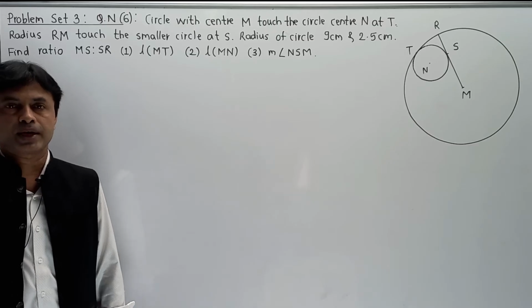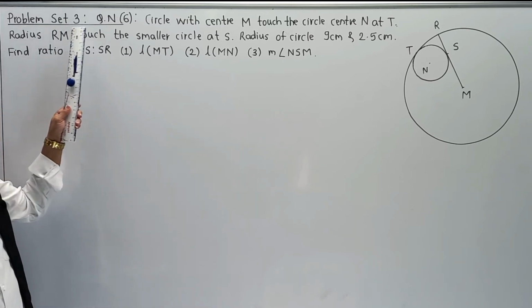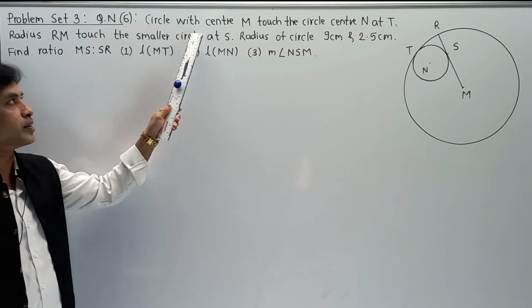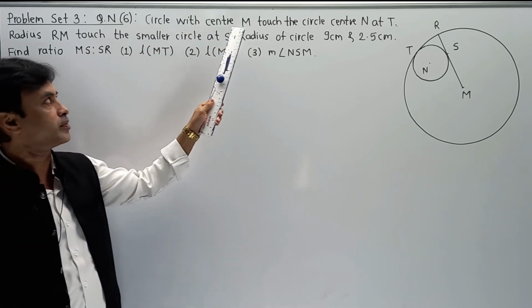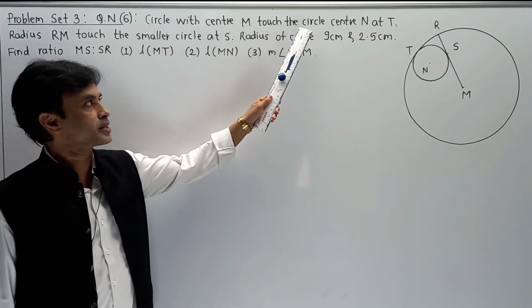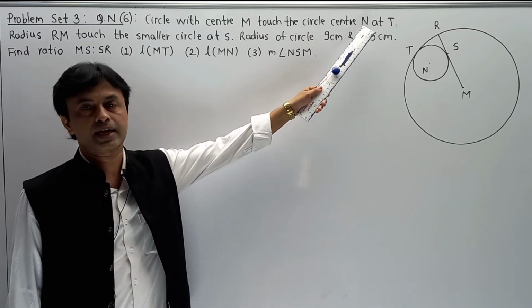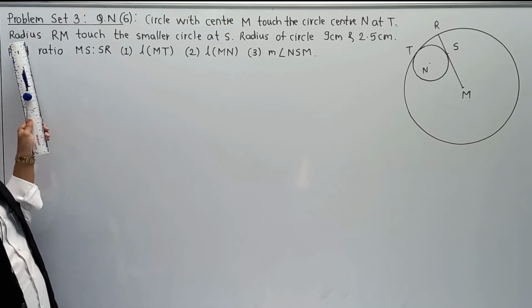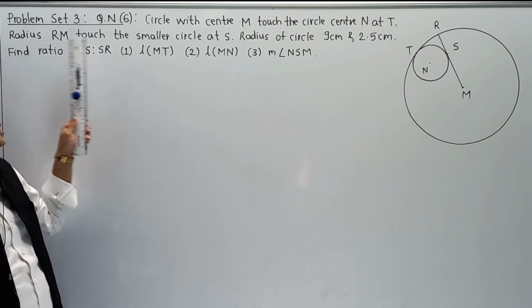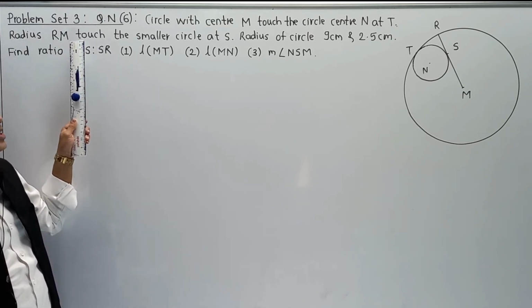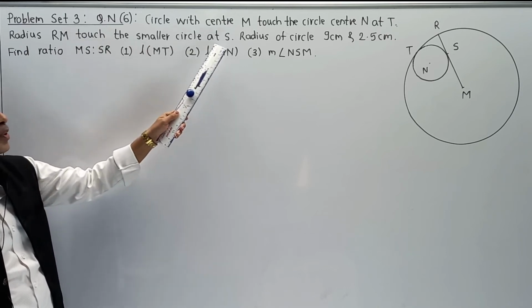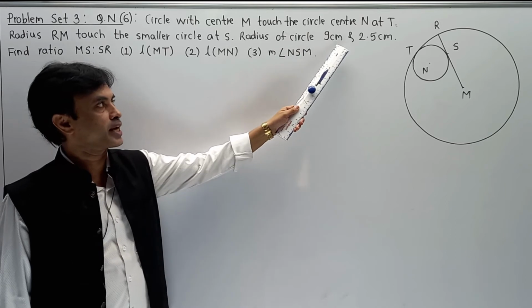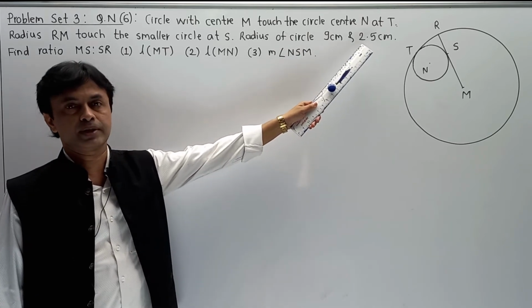Now moving to the next numerical, that is problem set 3, question number 6. A part is: circle with center M touches the circle with center N at the point T. Radius MR touches the smaller circle at point S. The radii of the circles are 9 centimeter and 2.5 centimeter.